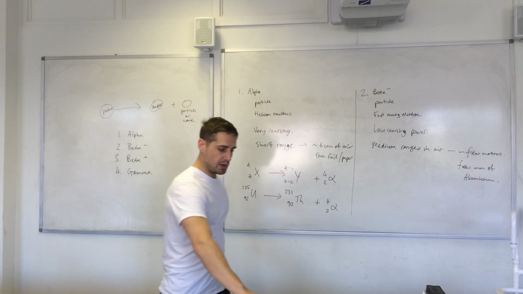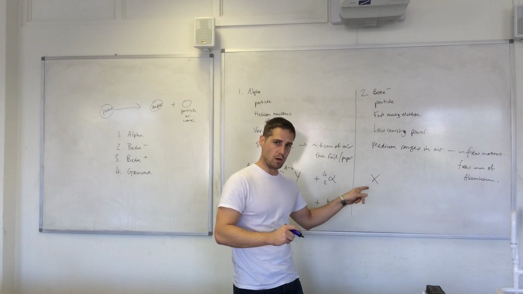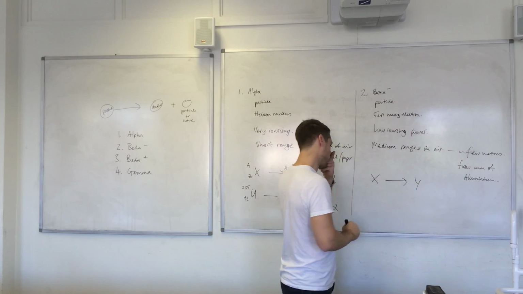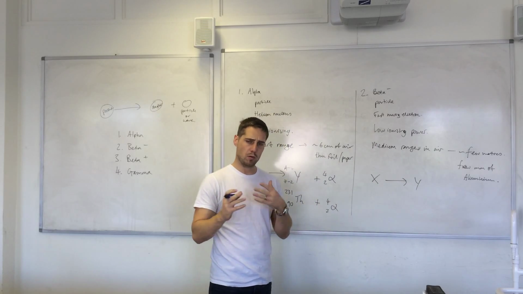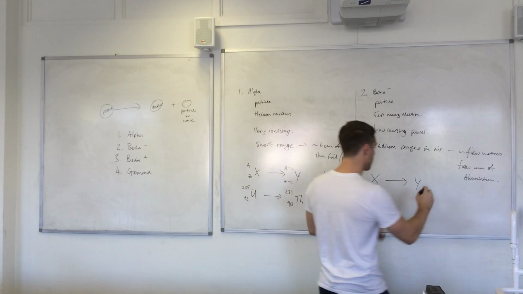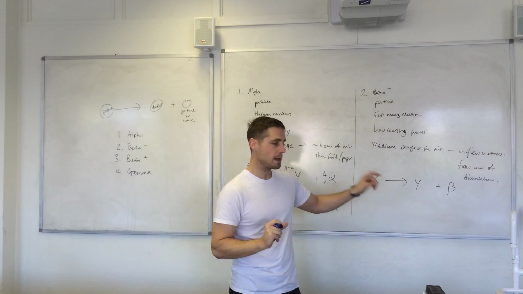The general decay equation for beta minus is, again using an X for our parent nucleus and a Y for our daughter nucleus. The beta equations students find a little more challenging because you have your beta, okay, so that's the beta there.